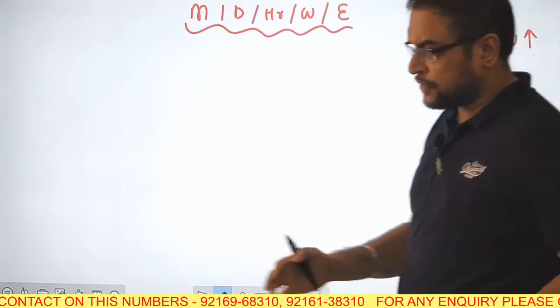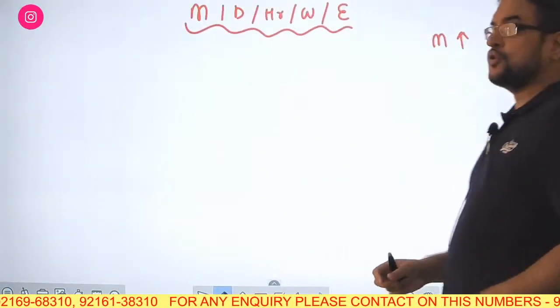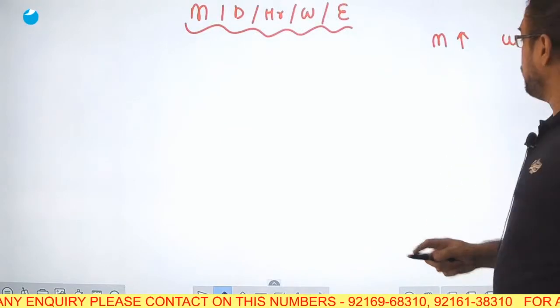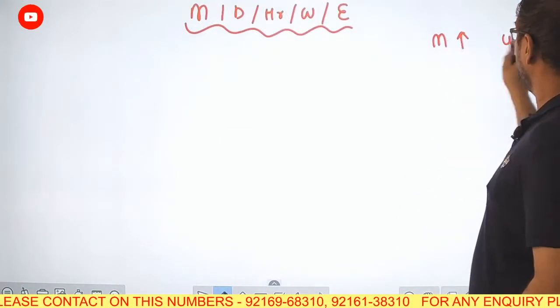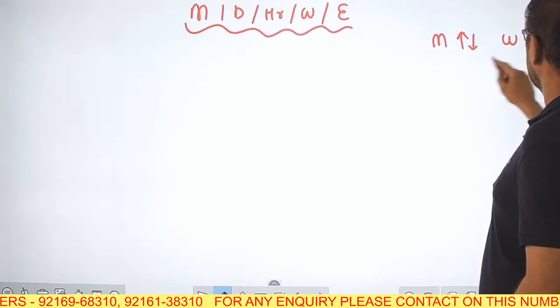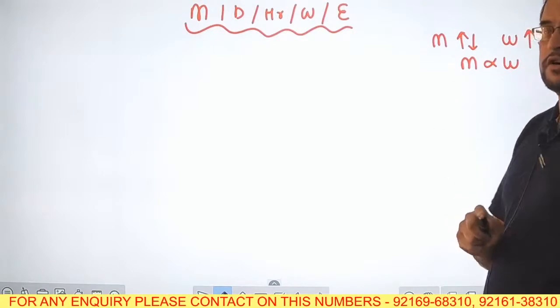If the total number of men employed is more, definitely the work done will be more. So men is directly proportional to the amount of work done. This is the first relation.